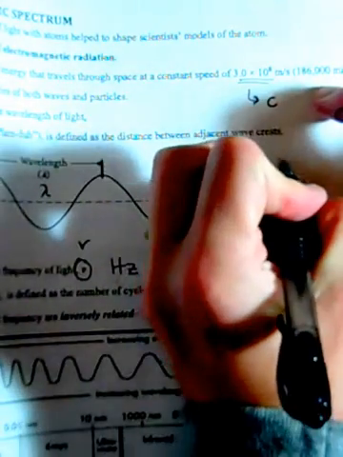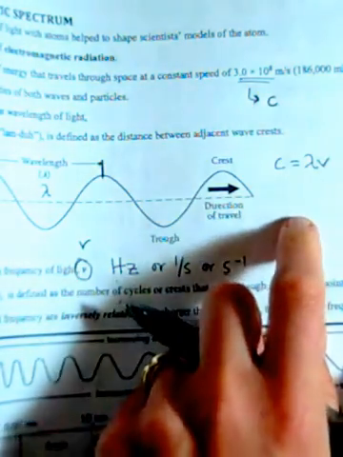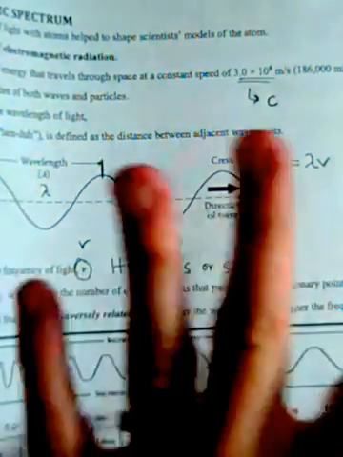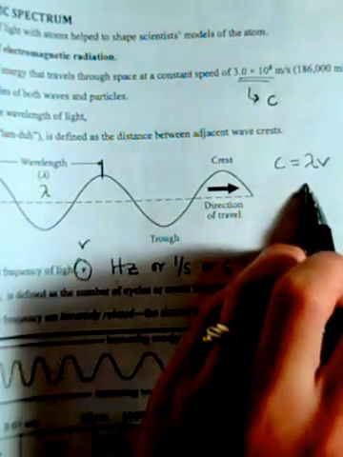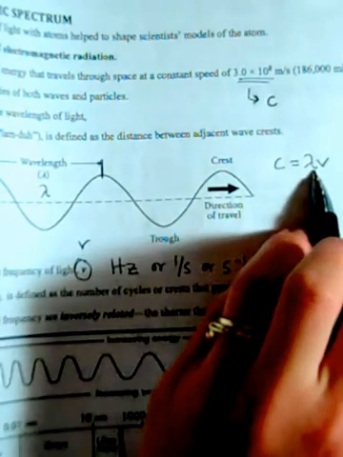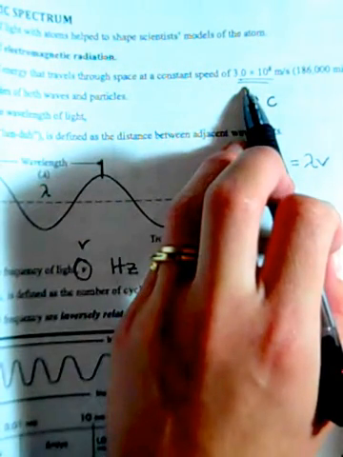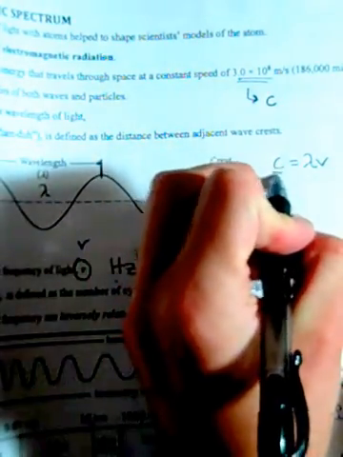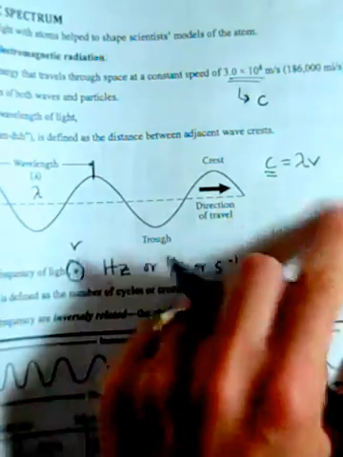And we can write this equation C equals lambda nu, meaning every single time, no matter what the spectrum lies or where the spectrum lies, we will always have wavelength times frequency will always equal 3 times 10 to the 8th. So you will always know the answer to each question. You just need to figure out one of these variables.